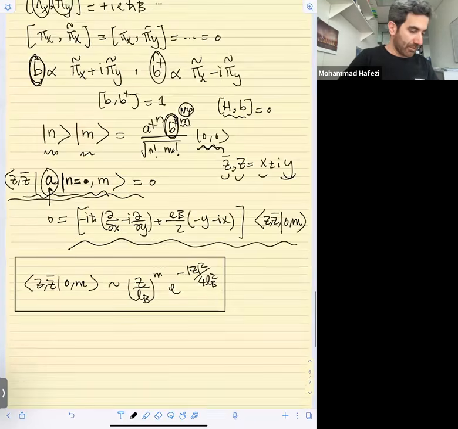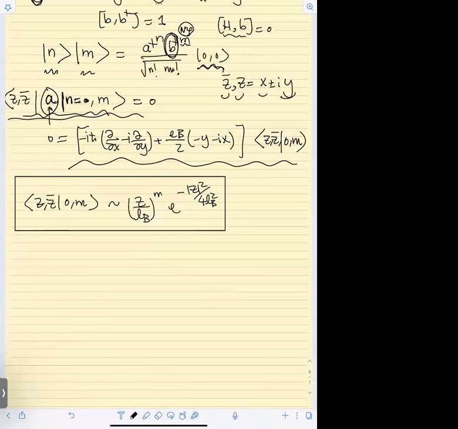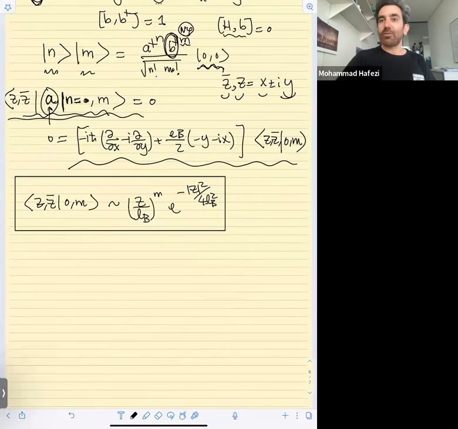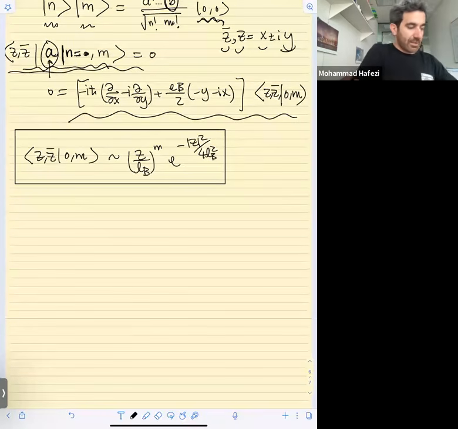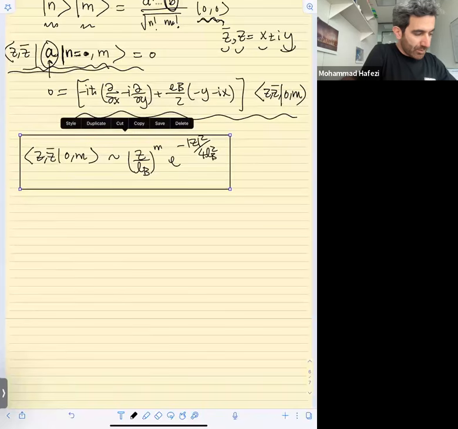Okay. Thank you. Sure. The reason I like the symmetric gauge will become obvious in a second. And that's the following: these are the wave functions of the lowest Landau level.